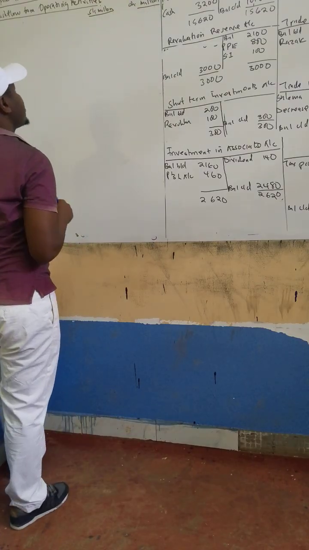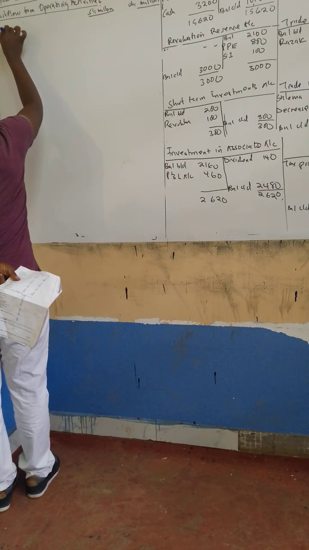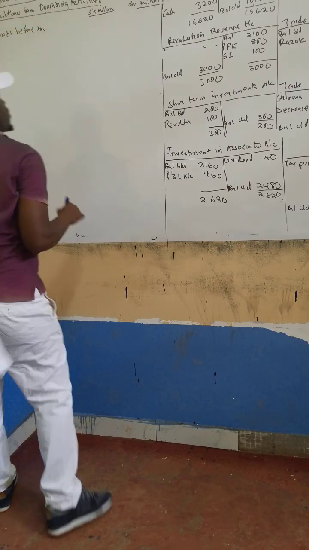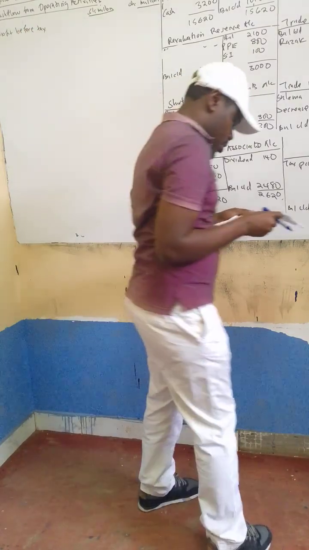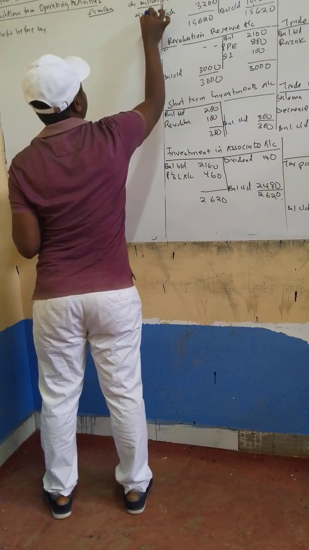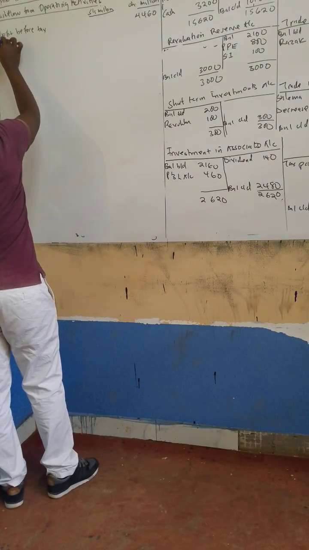So the first thing is profit before tax. So our profit before tax was 4460. Then adjustments, those adjustments that you want to run.